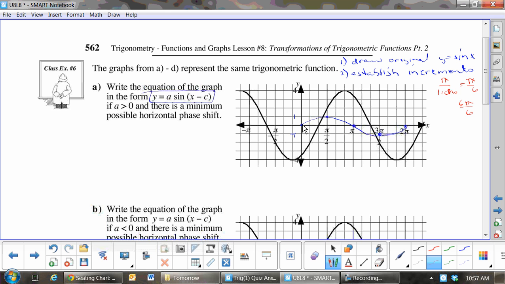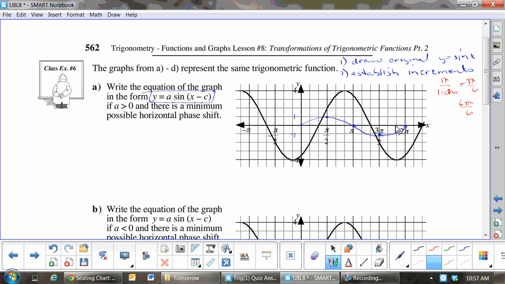Now, what's a good name for the middle of a graph? You know what I mean by the middle? Same amount on top, same amount on the bottom. What would be a good name for that? Middle? Yeah. One word though? It's called midline. The midline is the center.